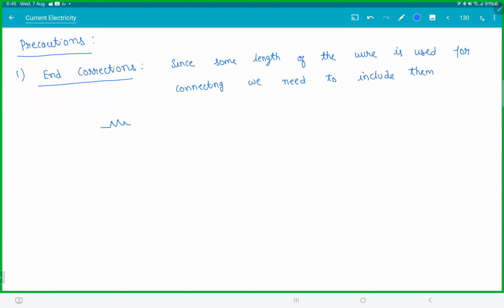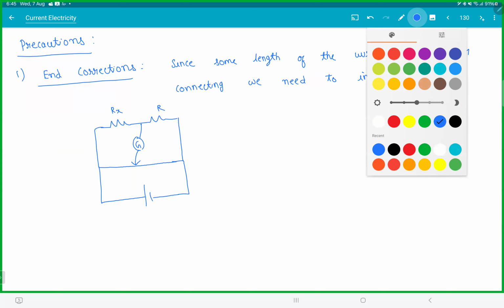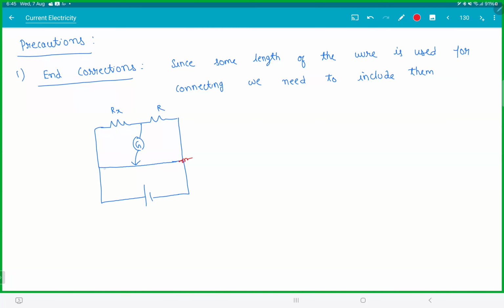Meaning, let's say we have this. So when you connect it here, there's some wire here. So they will mention like this, the right end correction is 2 centimeters. Left end correction is 1 centimeter.